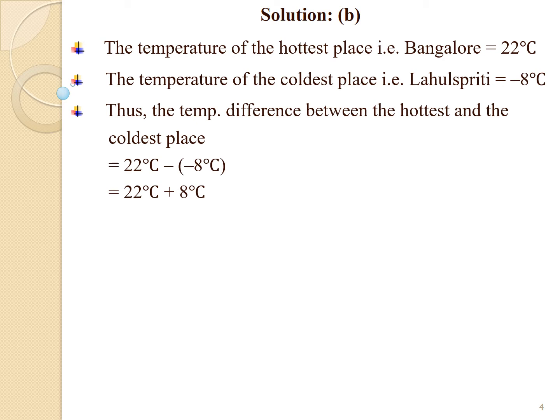Thus, adding 8 to 22, we get 30 degrees Celsius. Thus, the temperature difference between the hottest and the coldest place is 30 degrees Celsius.